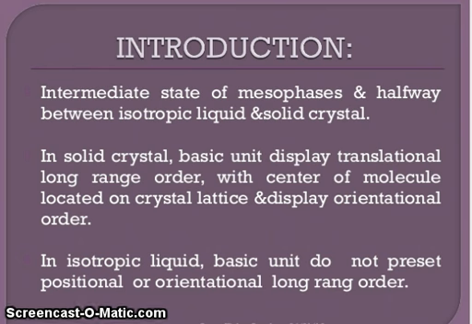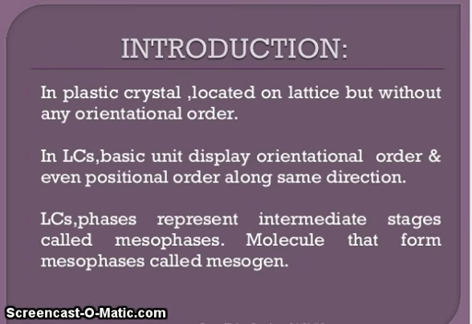In an isotropic liquid, the basic units do not present positional or orientational long-range order. In a plastic crystal, molecules are located on a lattice but without any orientational order. In a liquid crystal, the basic units display orientational order and even positional order along some directions. Liquid crystal phases represent intermediate stages called mesophases. Molecules that form mesophases are called mesogens.